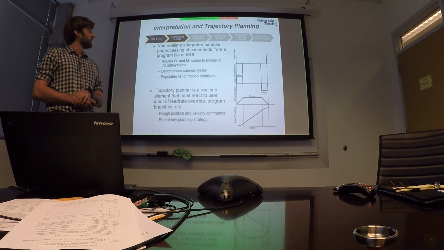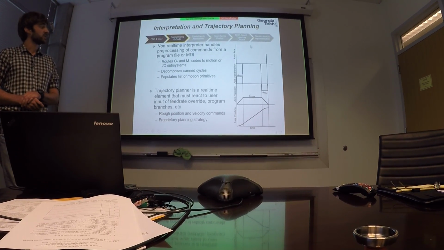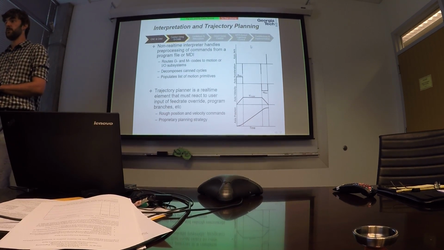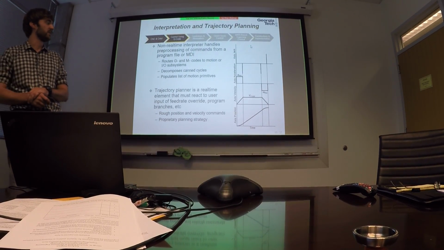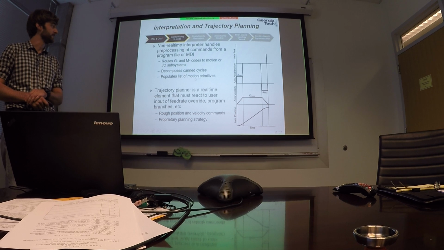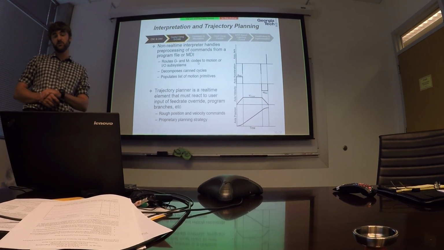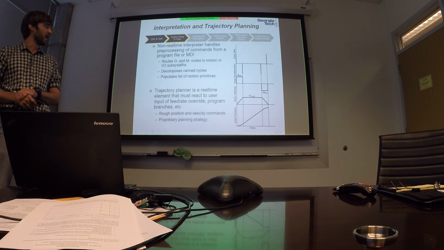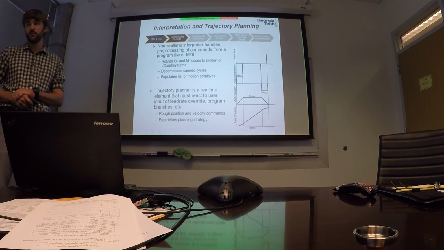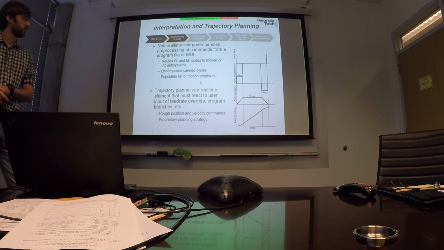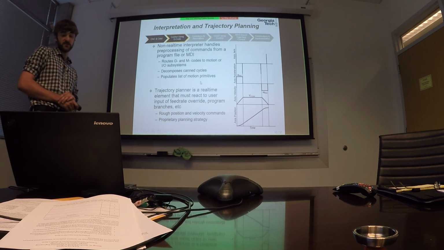One of the most important aspects of the motion control system is the trajectory planner. As I said, this is responsible for assigning positional derivative profiles to the motion to be executed by the machine. First, the interpreter will read the G-codes, decompose these into primitives, route the motion and auxiliary commands to the appropriate subsystems, decompose canned cycles, and then eventually we'll end up with a list of motion primitives.